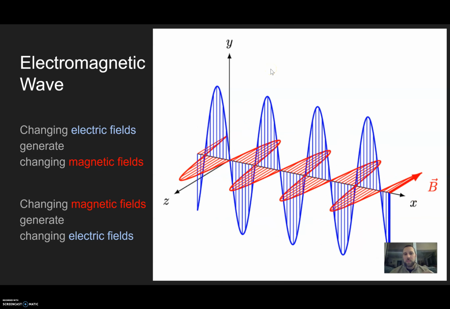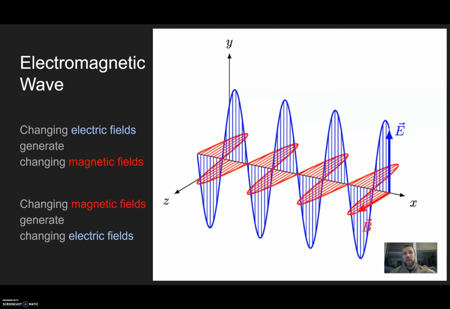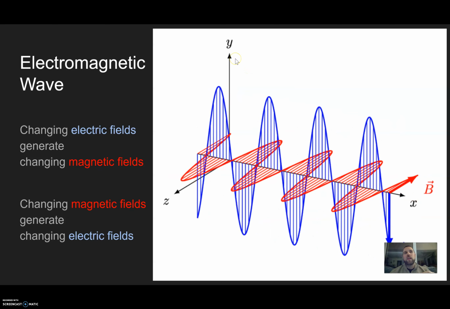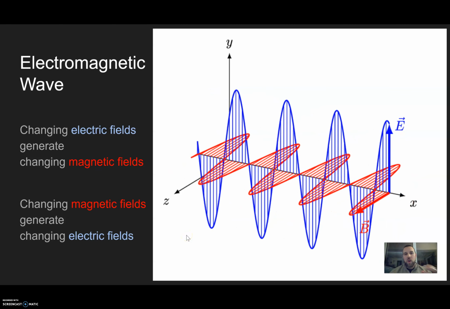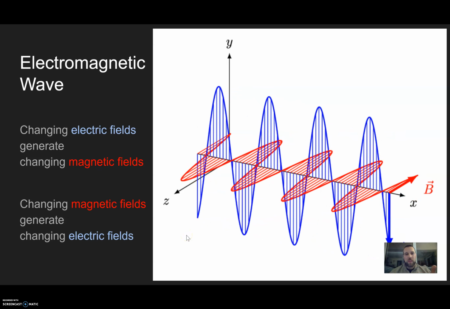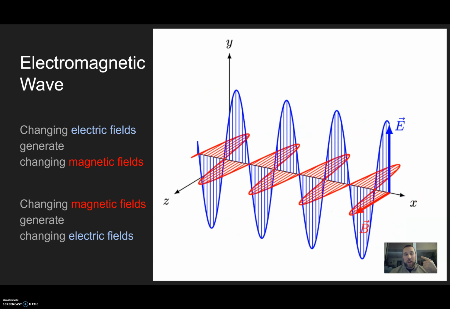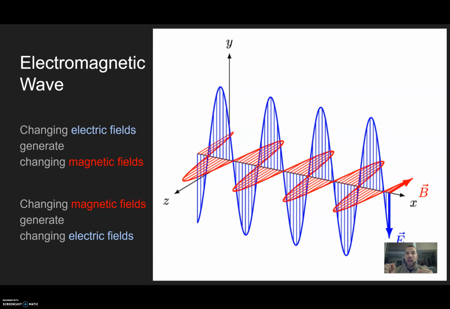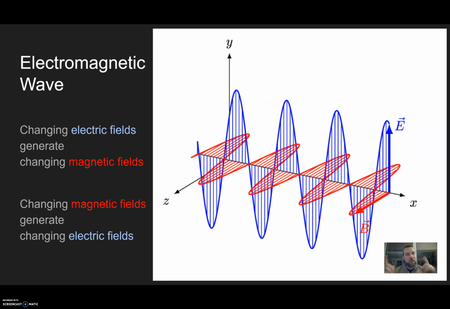There's lots of things that you can measure about these waves, and those differences are very, very important in terms of, well, is it going to talk to my cell phone, or is it going to make me feel warm, or is it going to actually do things to my eyes so that I can see it, or actually burn my skin, or actually go through me and see my bones? You see where I'm going with this.